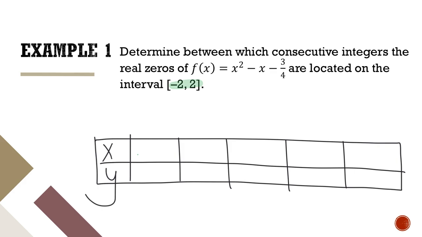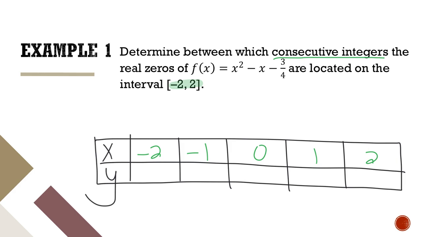That's including -2, and we're going up by consecutive integers. That means nice numbers. So -2, -1, 0, 1, and 2. Now all we have to do is substitute those values into this function, and I only really care about is it positive or negative.